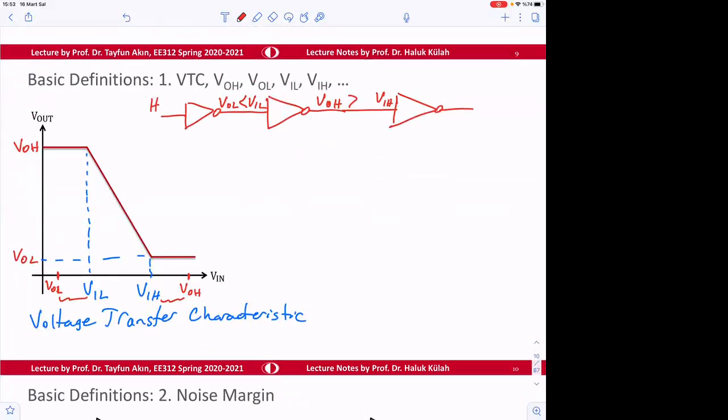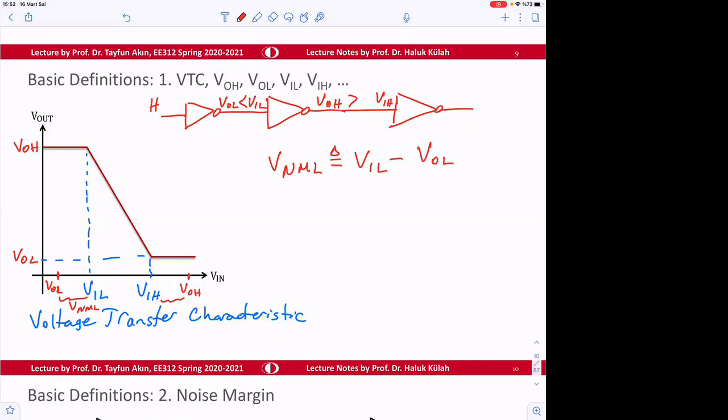Maybe I can define it here also. The noise margin low means, as a definition, the distance here. So this is the noise margin low. So the input low minus the output low.